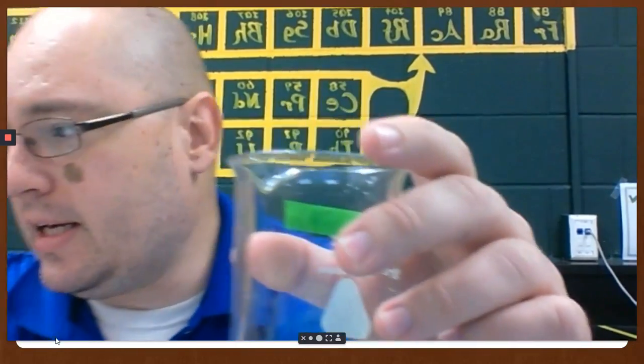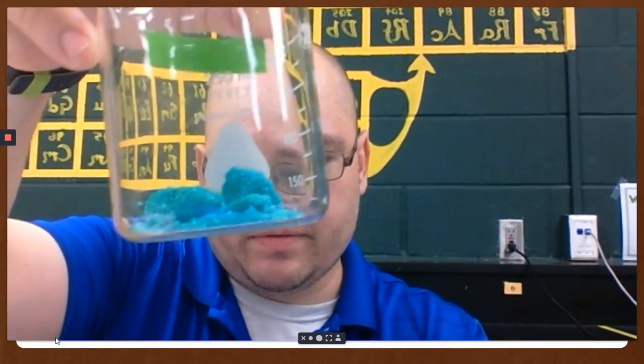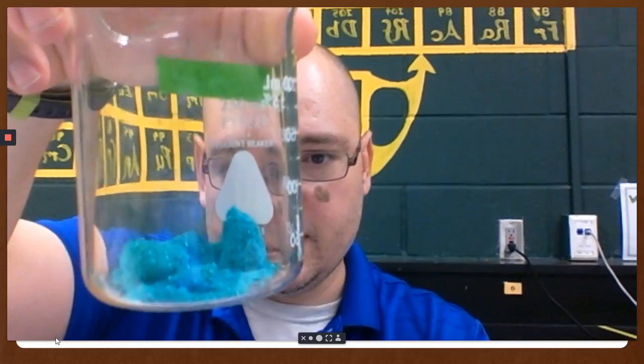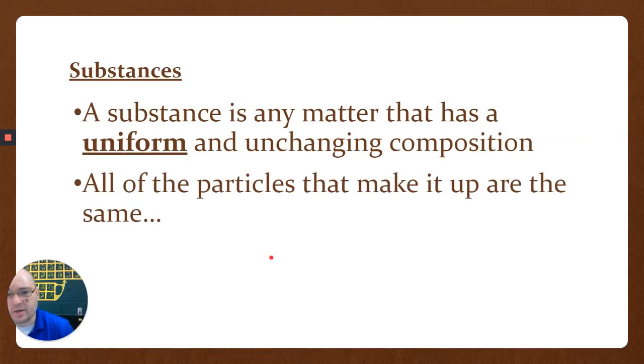And then here I have something called copper chloride. This also is a pure substance. Every particle of this, every crystal is exactly the same. And so no matter where I get it from, it's exactly the same. So these are pure substances. All right? They have a uniform and unchanging composition.